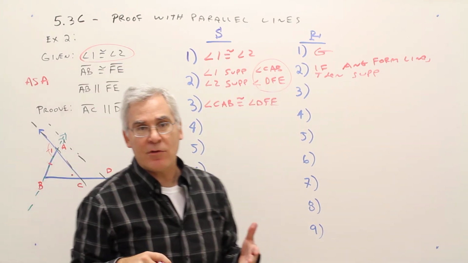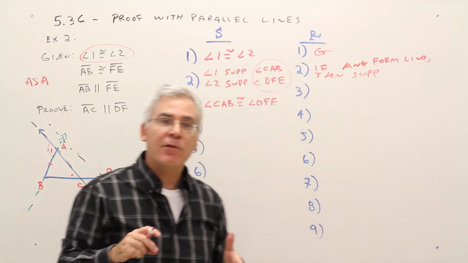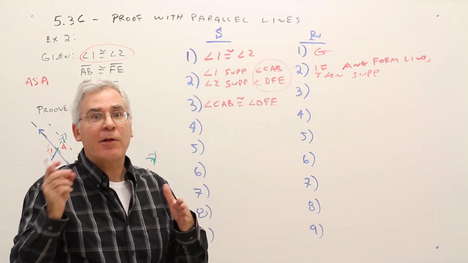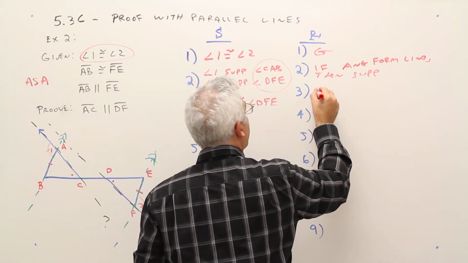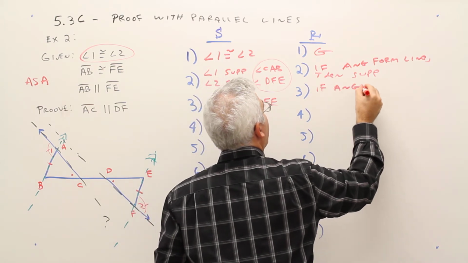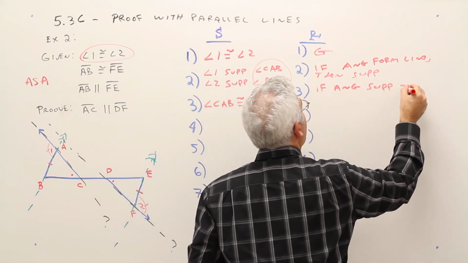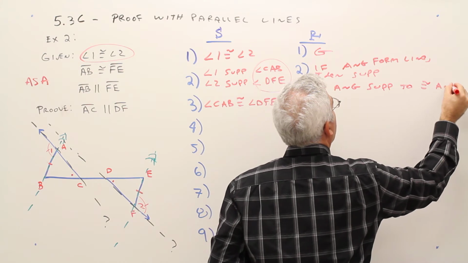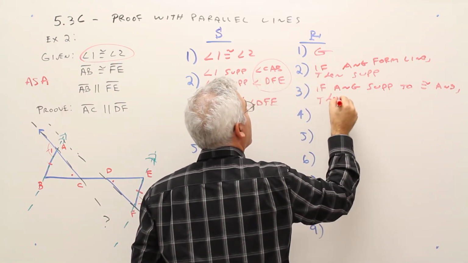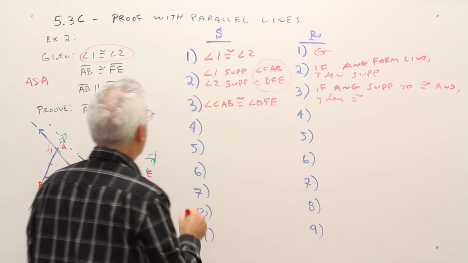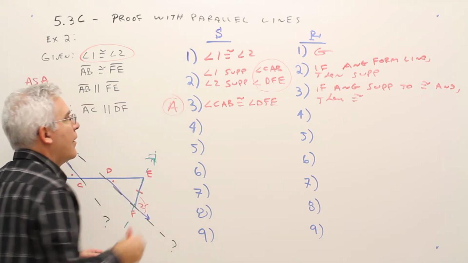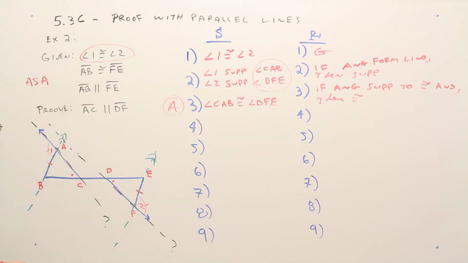This is way back in chapter 1. If angles are supplementary to congruent angles, then they're congruent. And that is the A in ASA.